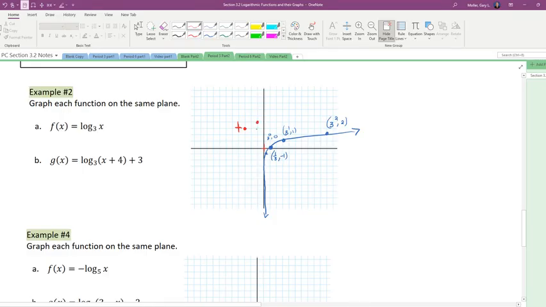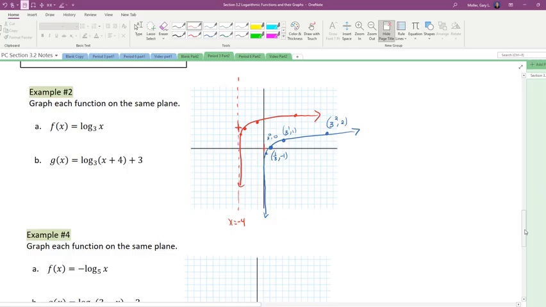I'm over 9, so 4, 5, 6, 7, 8, 9 total, and I'm up 2. I'm over 1/3 and down 1. I have my vertical asymptote now located at x equals -4. And my graph looks just like before. It's just shifted over and up.